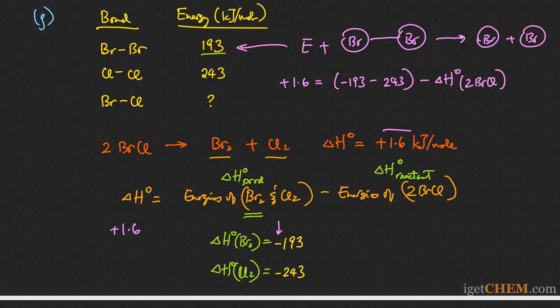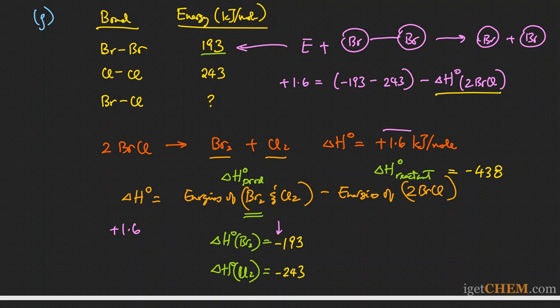And so you can just put that into your calculator. And you see that the delta H for 2BrCl will come out to be minus 437.6. So to just round, we can probably just say 438.